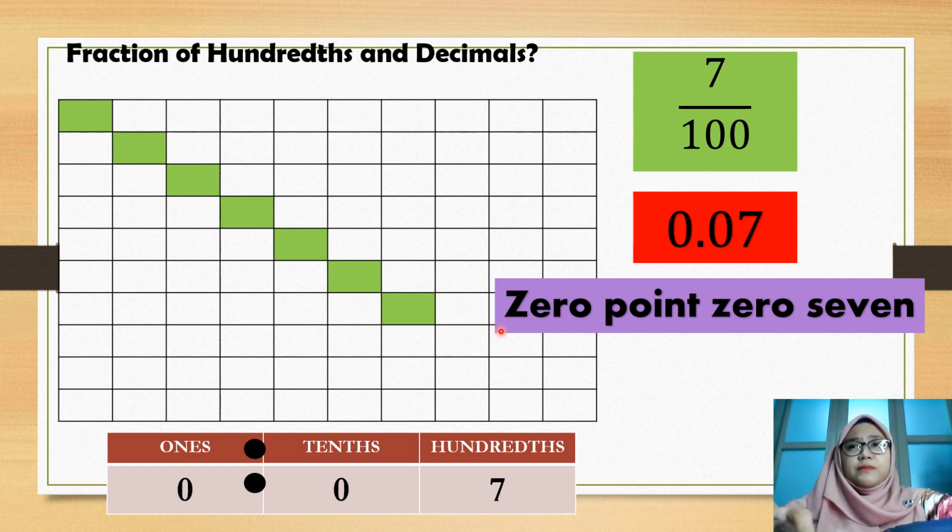Still, it becomes 0.07. Look at the decimal places. Tenths is 0 because it's not 7 over 10. Hundredths is 7 because it is 7 over 100.